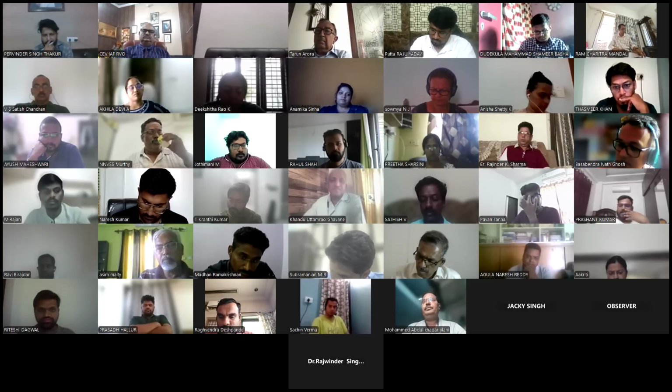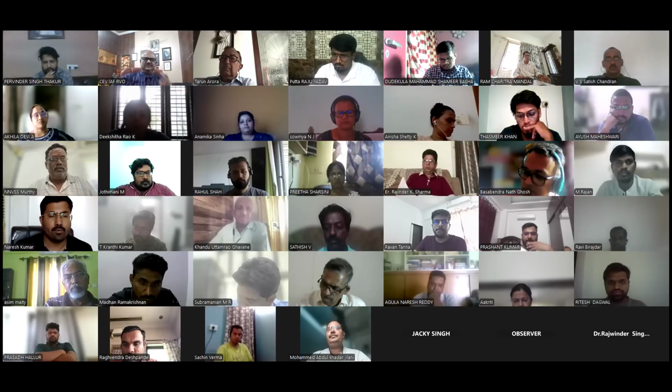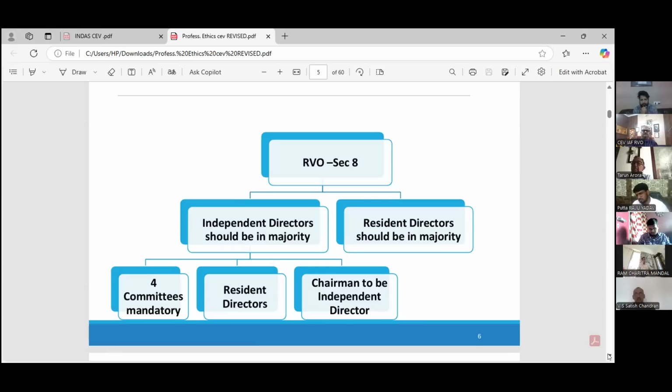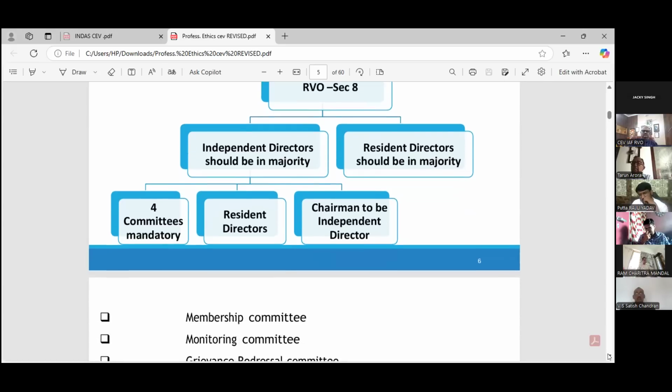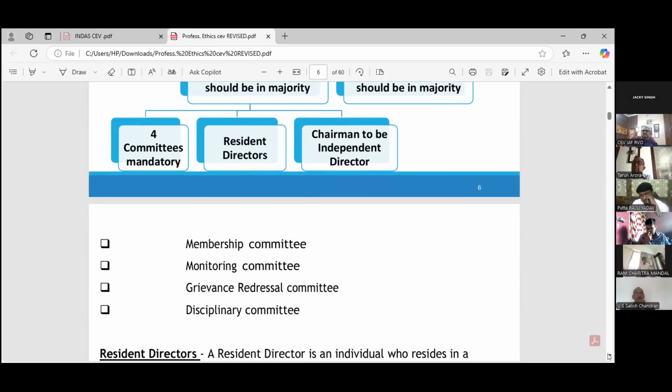In there, independent directors should be in the majority, and resident directors should be in the majority. In the independent director requirement, we have three parts: four mandatory committees, resident directors, and the chairman to be an independent director. Which are the four mandatory committees? Membership committee, monitoring committee, grievances redressal committee, and disciplinary committee.